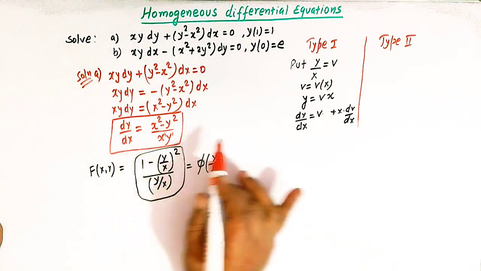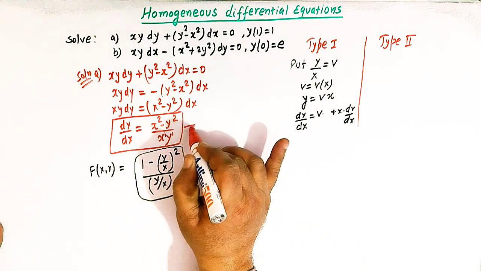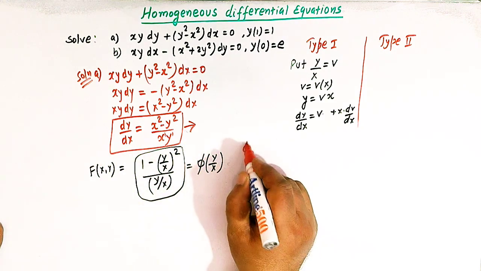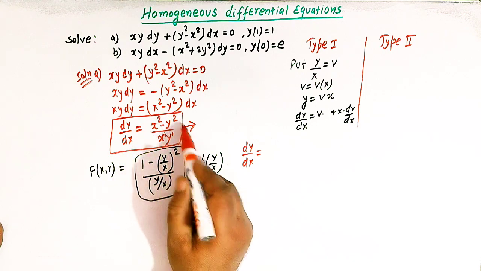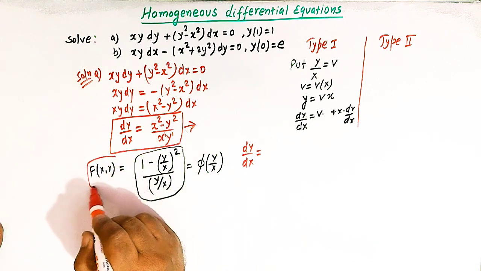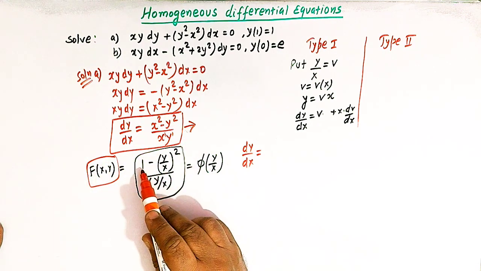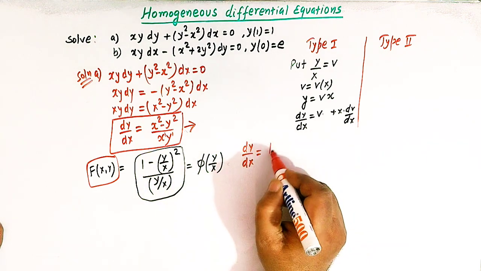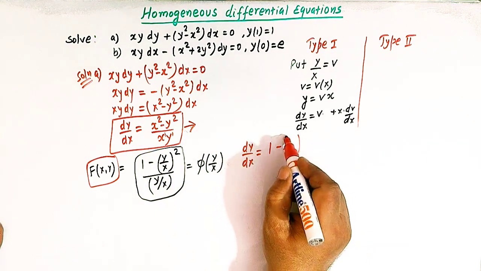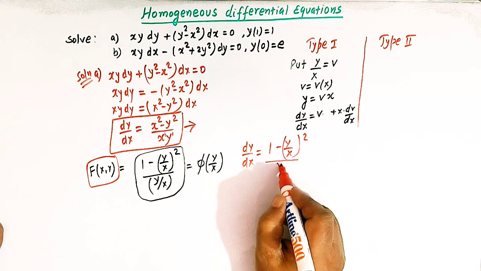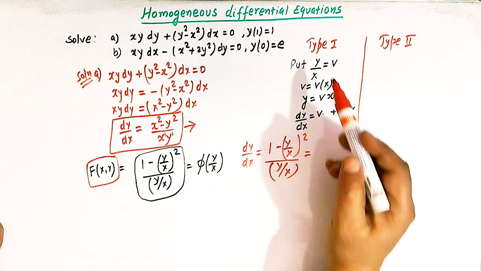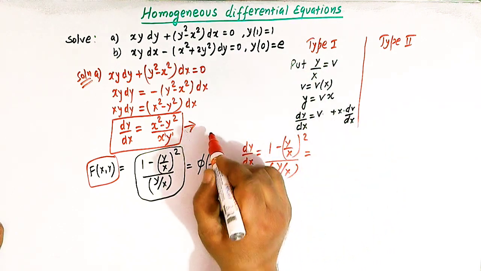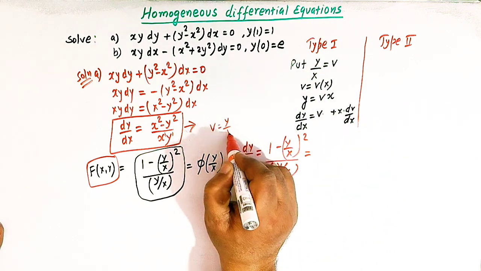So now we'll return to this expression. We have dy over dx, and here this expression is equal to f of x comma y, which is 1 minus y over x square, and here we have y over x. So now we can take v is equal to y over x.